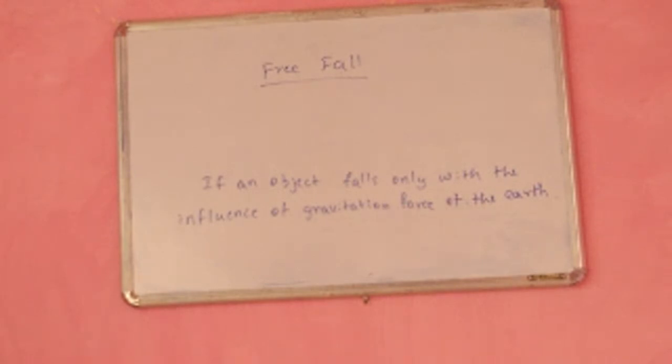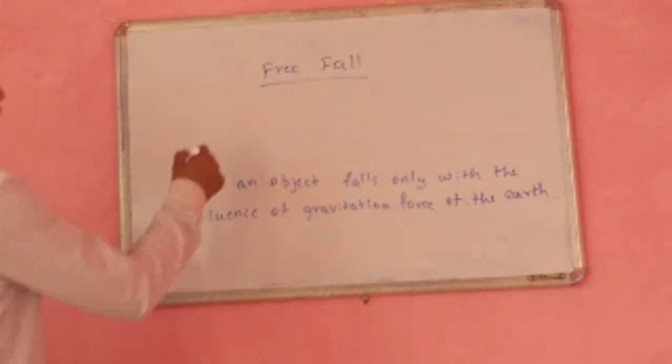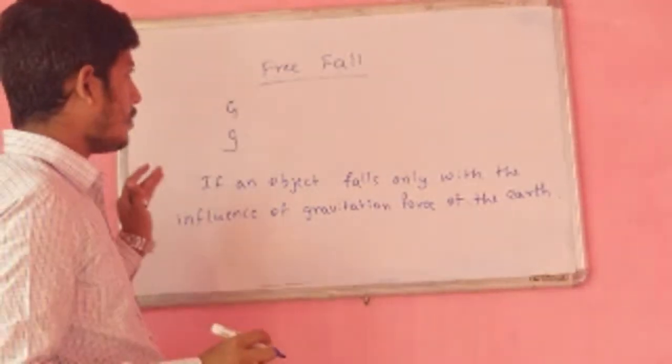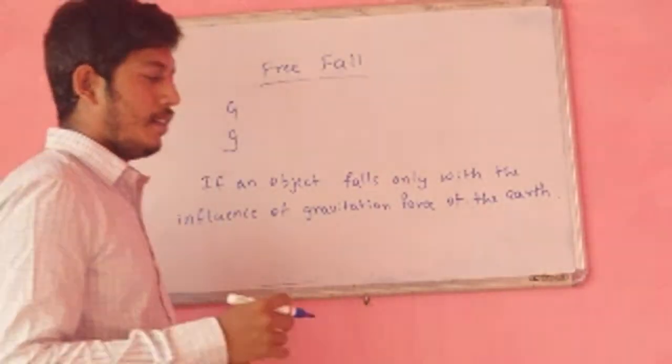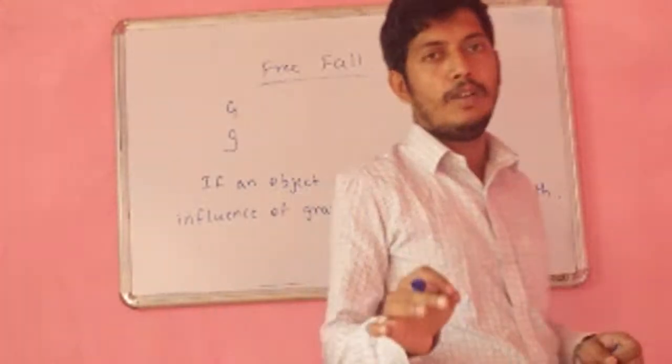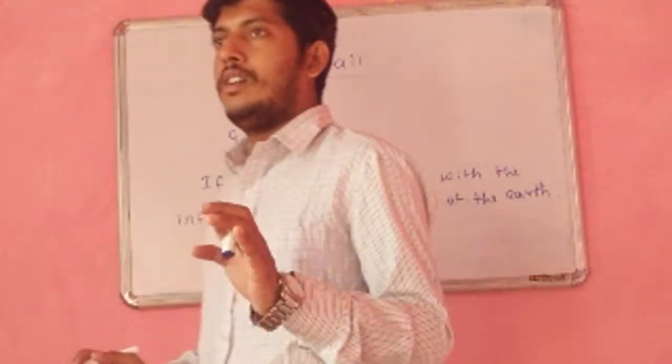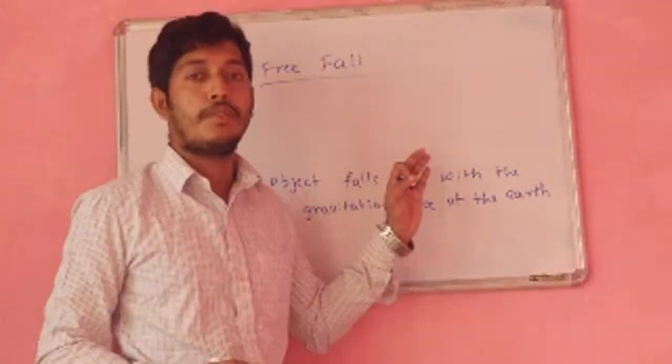How many of you understood all this? That is the universal law of gravitation and its statement, its derivation, what is the value of capital G, what is the value of small g, and what is meant by free fall. You have to remember the values of the mass of the earth and the radius of the earth.